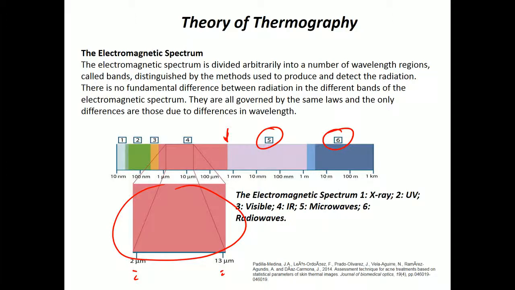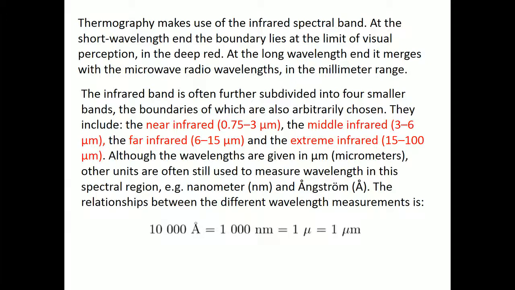That is why it is called IR thermography, because it uses the IR band. Thermography makes use of the infrared spectral band. At short wavelength, the boundary lies at the limit of visual perception, in the deep red. At long wavelength, it merges with the microwave radio wavelengths, in the millimeter range. The infrared band is further subdivided into 4 smaller bands.